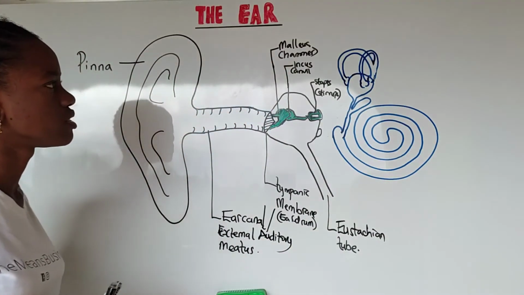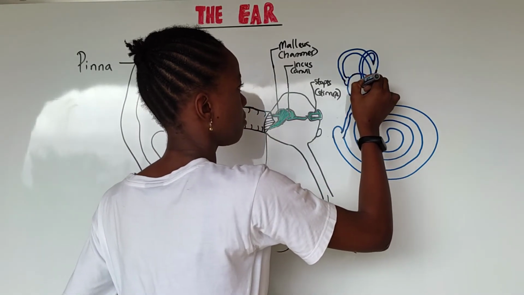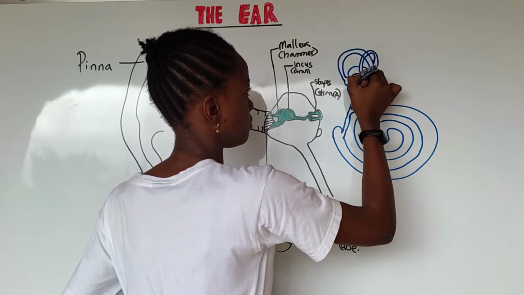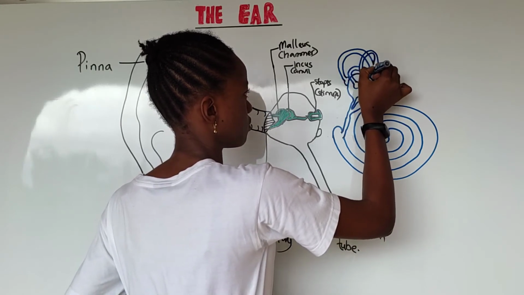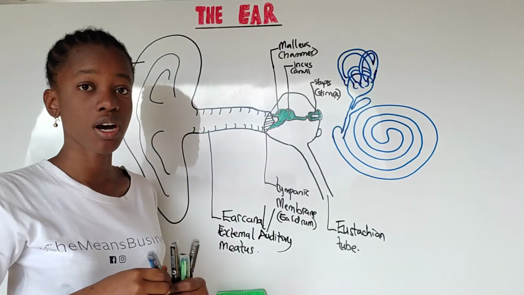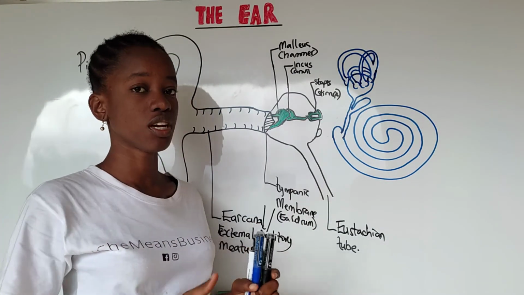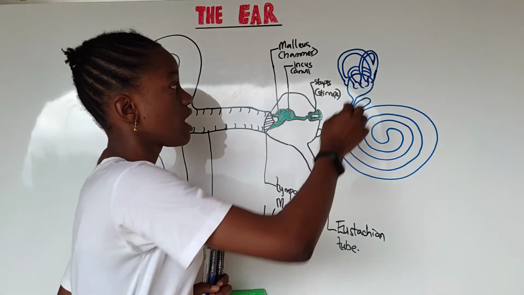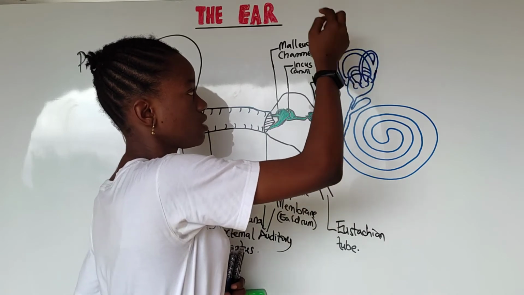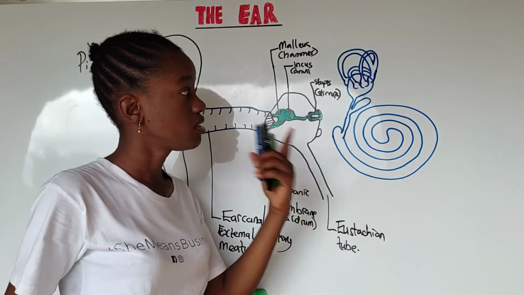Then we have the third of the semicircular canal here. Okay, so this is the third semicircular canal, and all of them are at right angles to each other, that is 90 degrees. So this one is at right angles to this and this, this one is at right angle to this and this, and this one is also at right angles to this and this. Okay, so we have 3 semicircular canals.